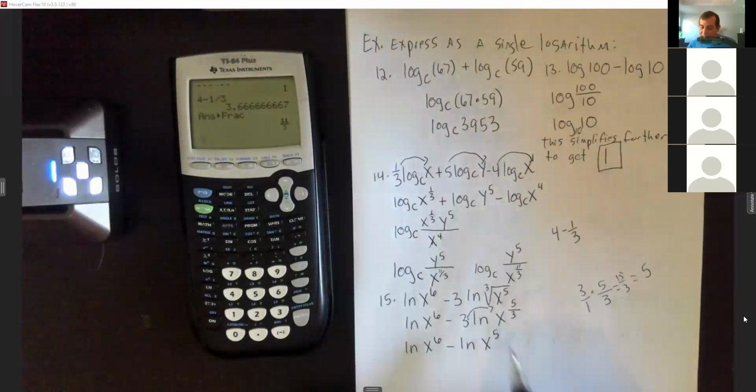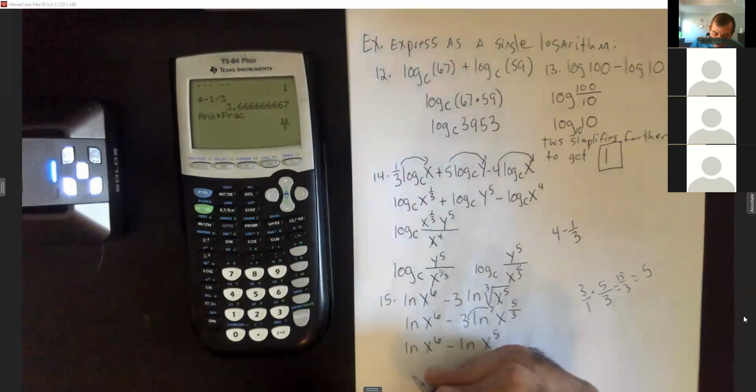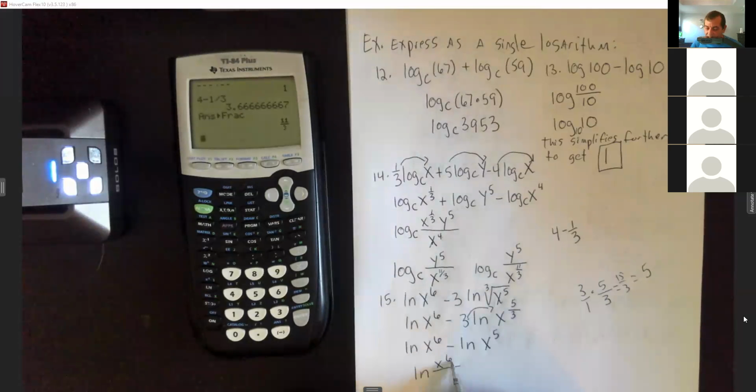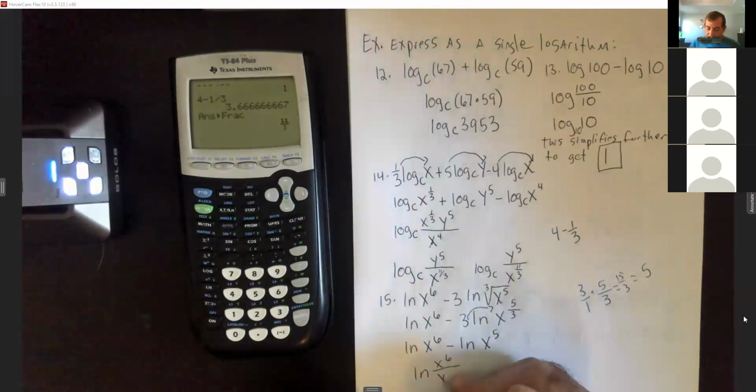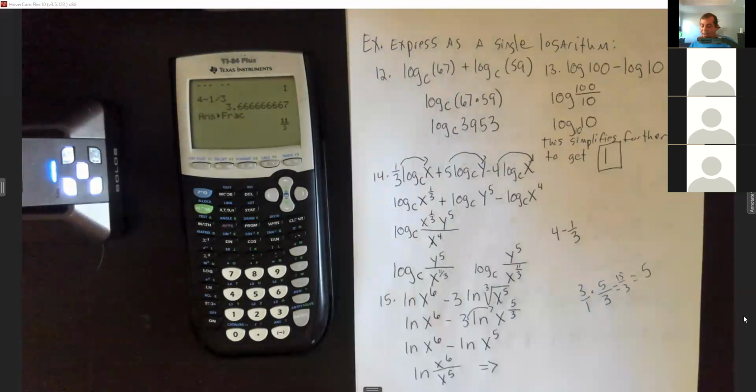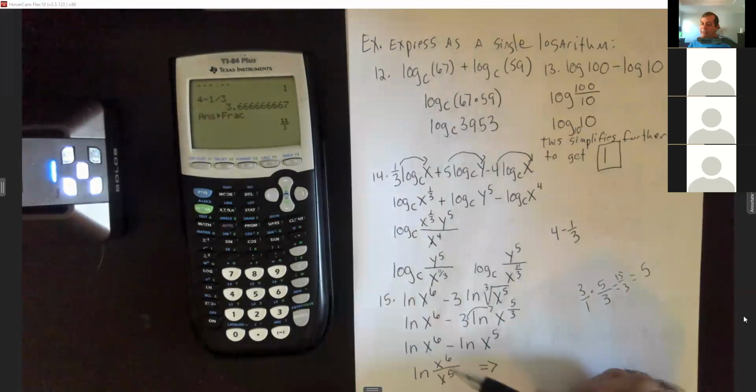Since these are being subtracted, it's going to look like division. x to the 6th is positive, it goes to the top. x to the 5th is negative, it goes to the bottom. If y'all remember, I cannot have x's over x's.